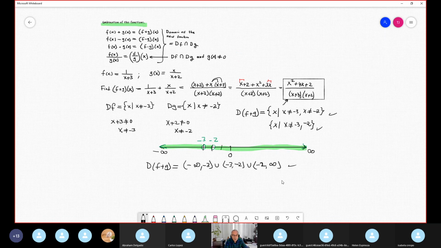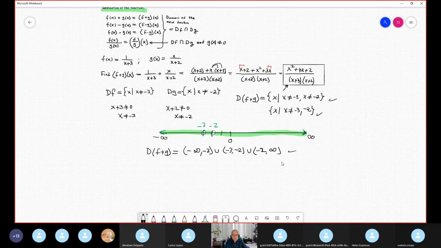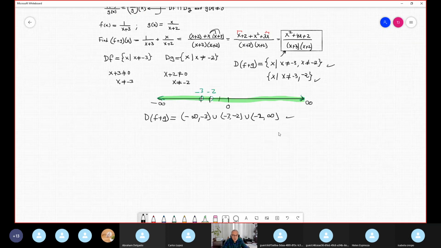Okay. Now subtraction. Subtraction is similar. Subtraction is f minus g of x. Let's do it.